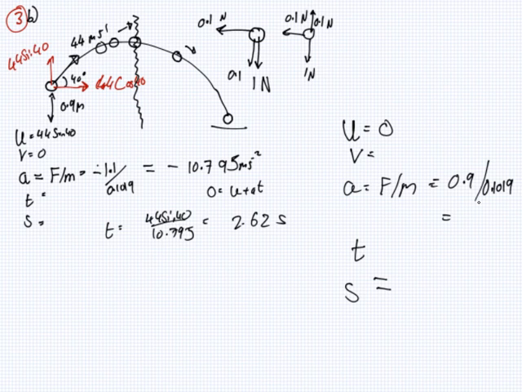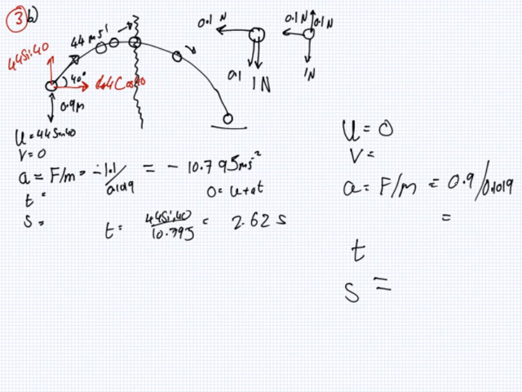W is 0.1. No, W is 1. And Fy is 0.1. Therefore it's 1.1. A should be S plus Fy.